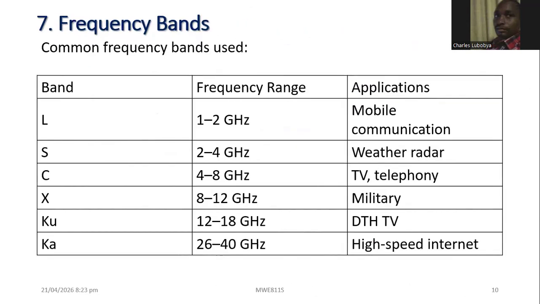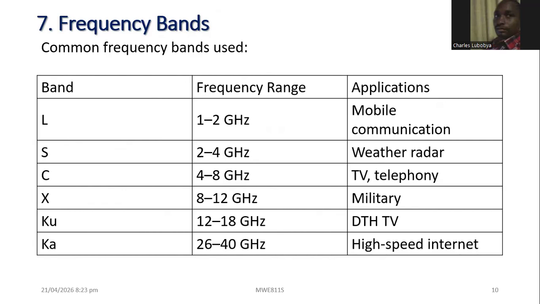Now, next I want to talk about the frequency band of operation in satellite communication. If your application is in mobile communication, normally you'll be operating in the range of 1 to 2 gigahertz. If you're operating with weather and radar communication, you need to operate in 2 to 4 gigahertz.